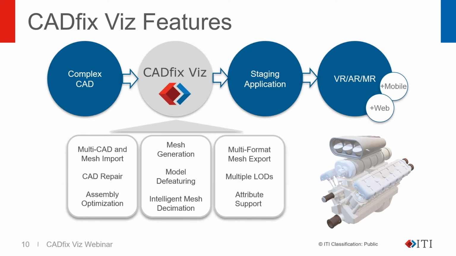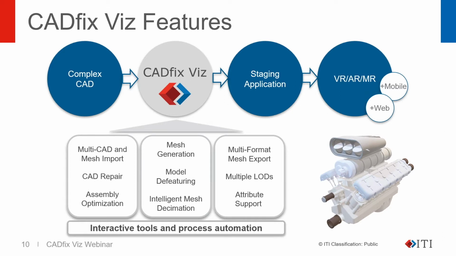And again, key for interoperability, the multi-format mesh export, export to multiple levels of detail, and full attribute support. So support for assembly structures, support for colors, layers, labels, and associated CAD metadata. And we have all of this wrapped up into some interactive tools and an interface, so you have close control over the process. But also, as I've already said, it's very important that we have process automation to streamline this as much as possible.